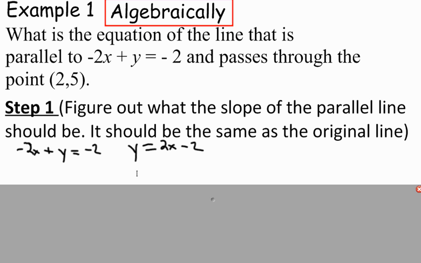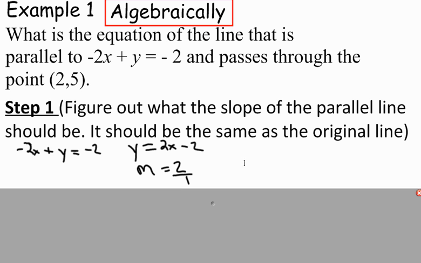So what is the slope of the original line? The slope of the original line is 2 over 1, or just 2. The slope of the parallel line should be the same as the original line. So that means slope of parallel.